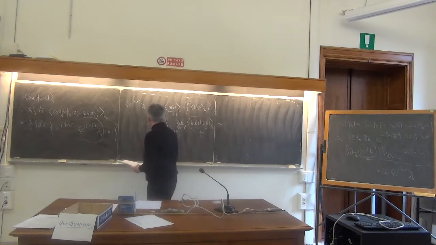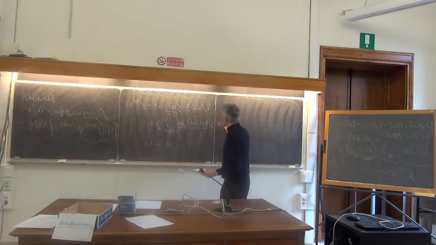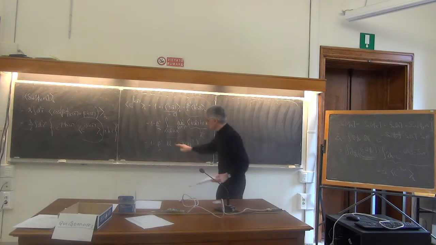So this is 1 minus beta squared over 2, and here I get dl, and these extra terms, the higher order terms, would be of order dl squared. So they're much less than this.